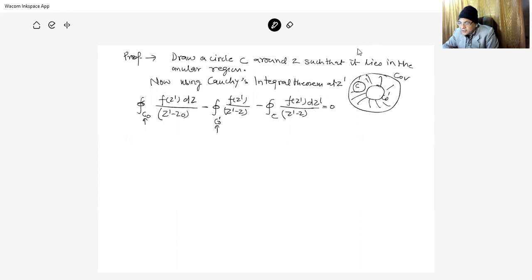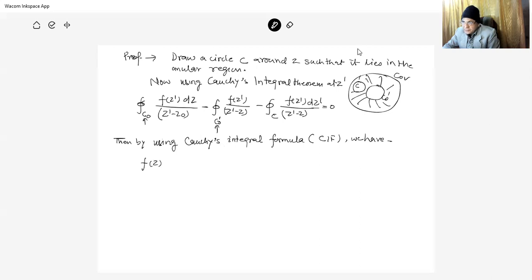Now, in this Cauchy integral theorem, if we want to have the integral formula, then by using the Cauchy integral formula, that is CIF, we have f(Z) is 1 upon 2 pi i, 1 upon 2 pi i, integral of f(Z dash) upon (Z dash minus Z) dz dash.